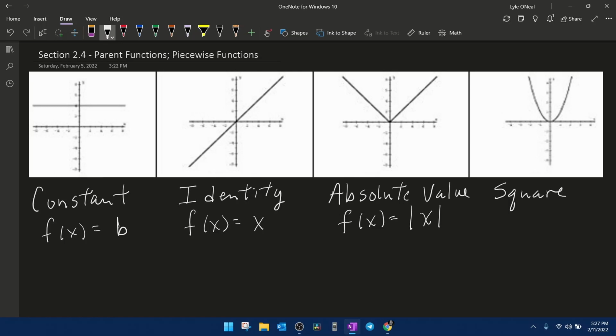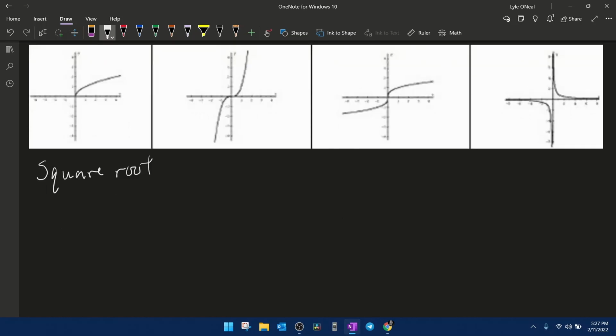Our next graph is a square function because f of x equals x squared produces a parabola. So again, this is a square function. It will always make a parabola. Four more to go. Next we have our square root function in which we have f of x equals the square root of x.